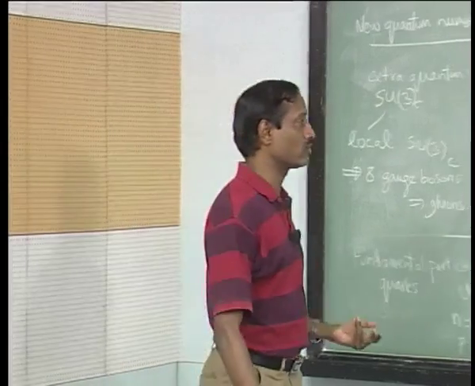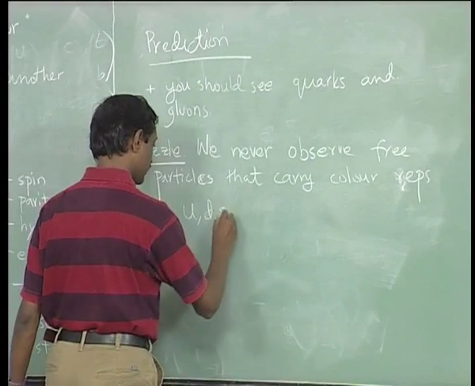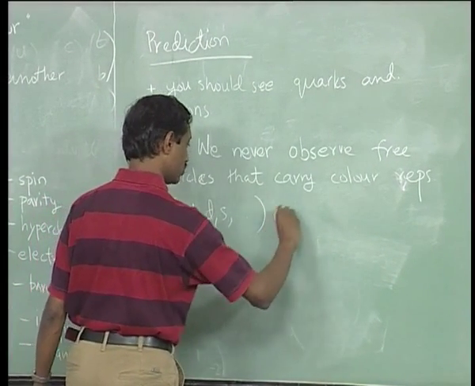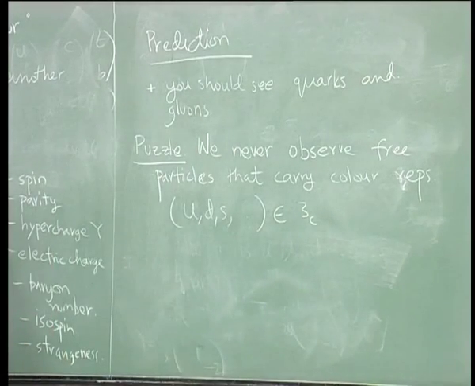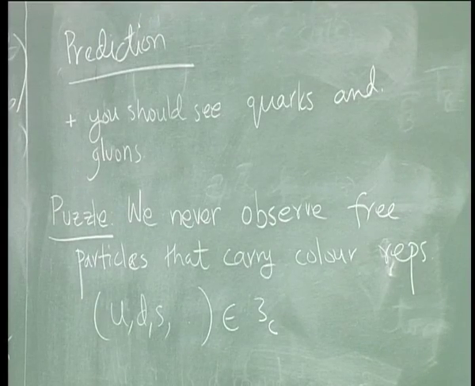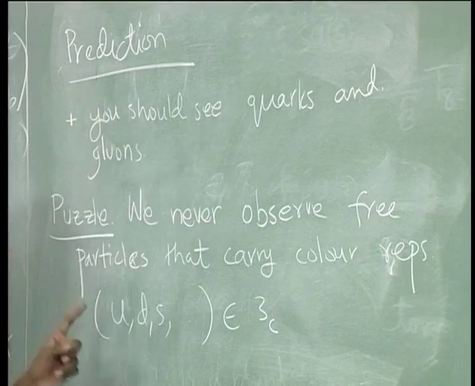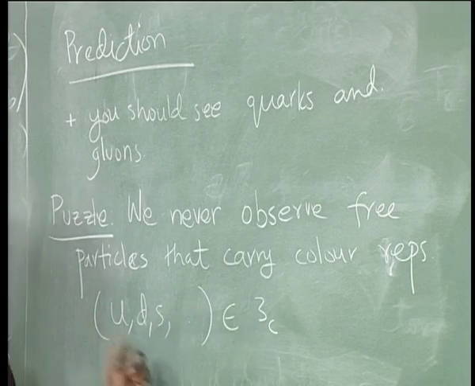And so we said, for instance, U, D, S and all other quarks belong to 3C. The subscript here is to remind you that it is color 3. By that I mean each one, U belongs to 3C, D belongs to 3C, S belongs to 3C, and so on.